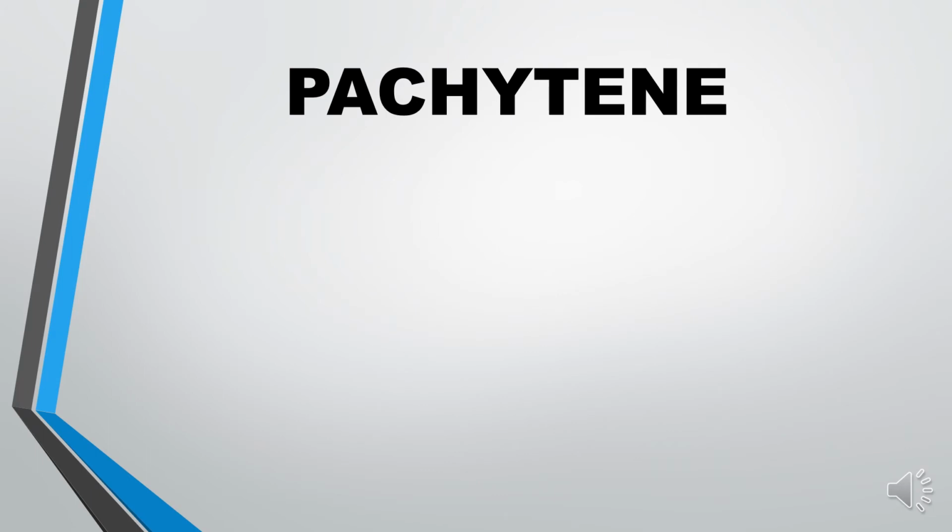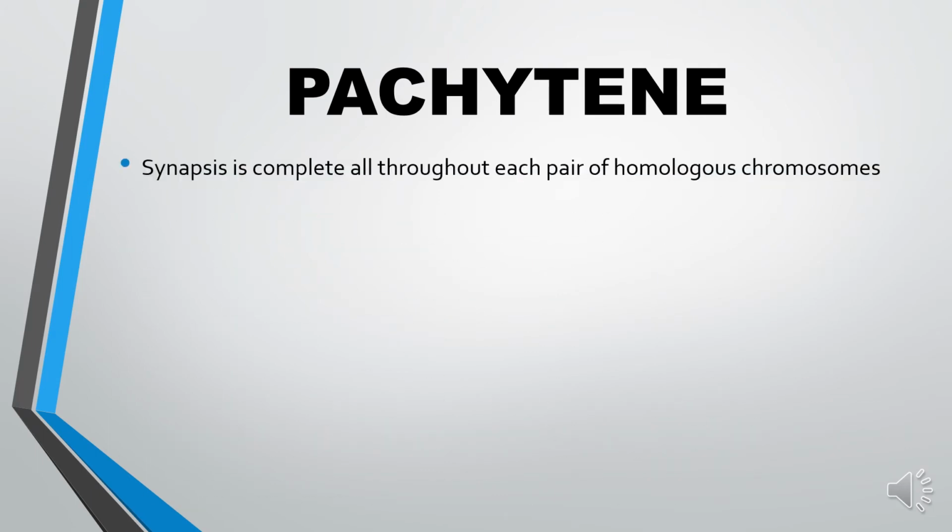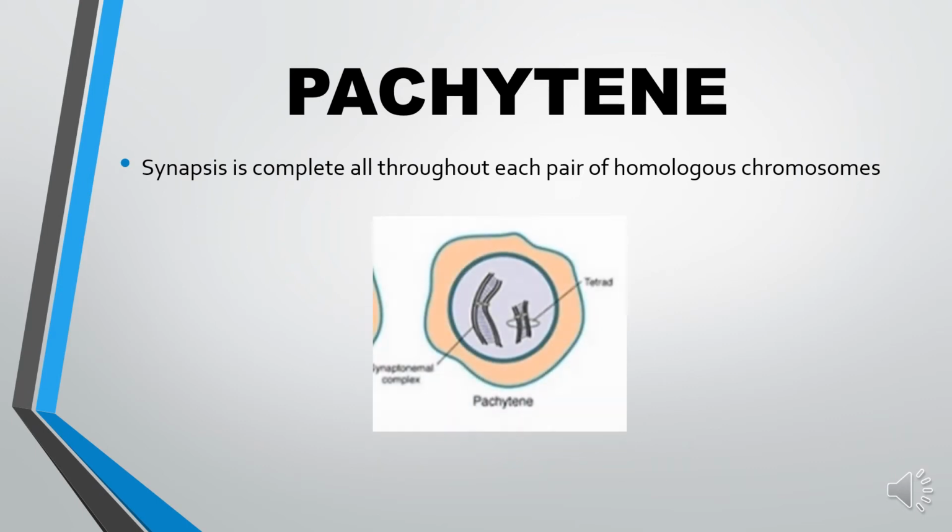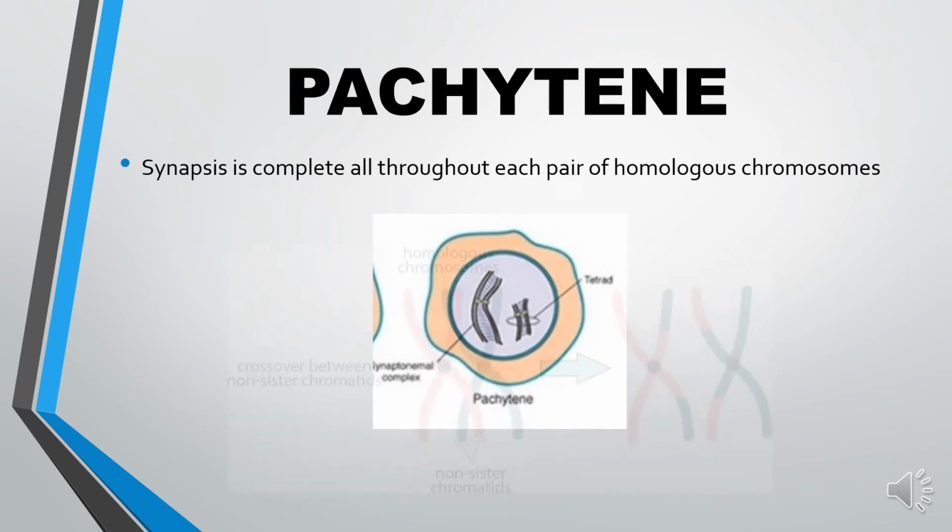And the next one is the pachytene. Here, synapsis is complete all throughout each pair of homologous chromosomes. But there is a very amazing process occurring here, which is the crossing over.